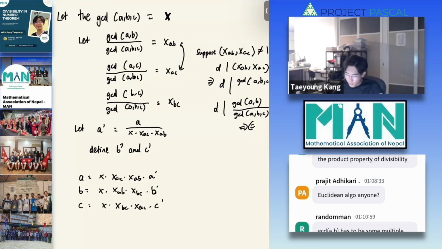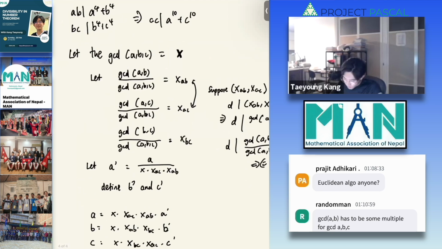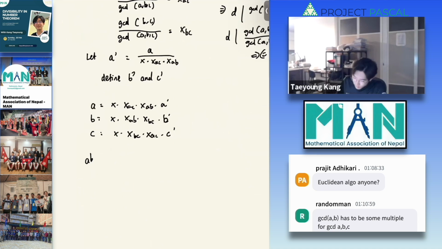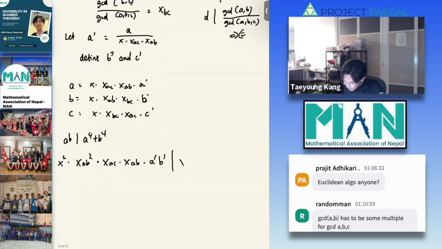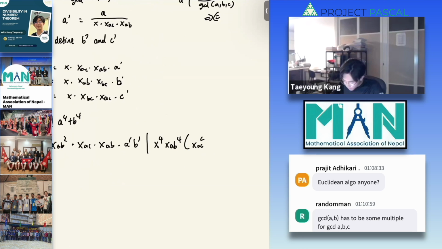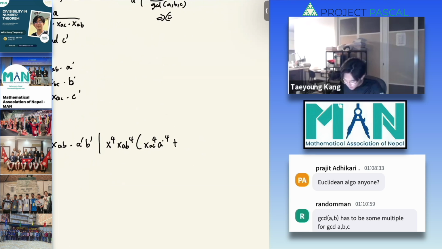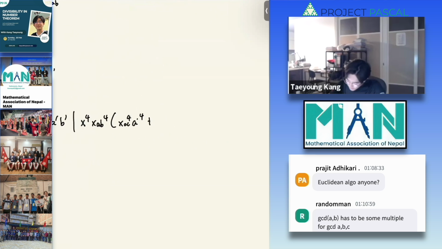So what does our divisibility condition give us? AB divides A to the power 4 plus B to the power 4 implies that x squared times x_AB squared times x_AC times x_BC times A prime B prime divides x to the 4 times (x_AB to the 4 times x_AC to the power 4 times A prime to the power 4 plus x_BC to the power 4 times B prime to the power 4).